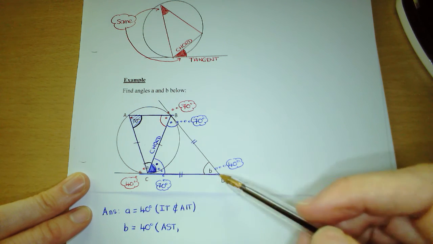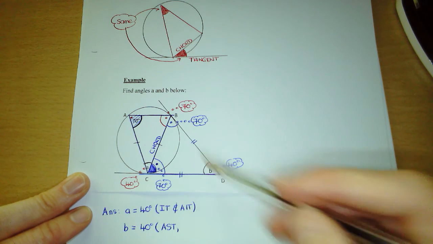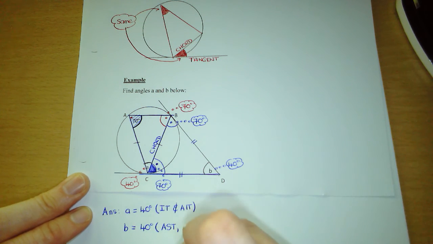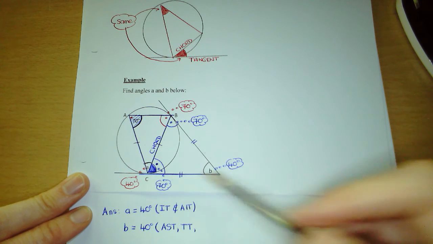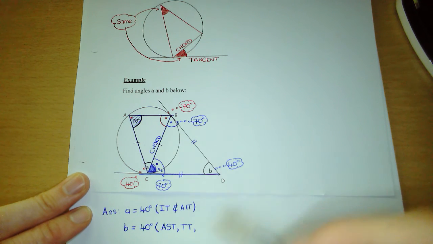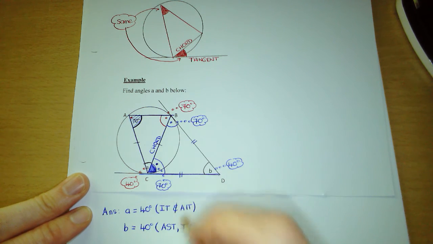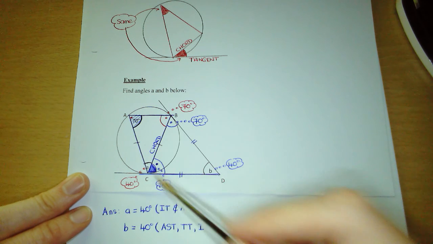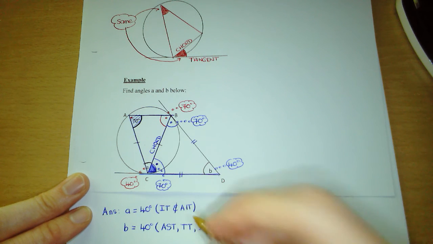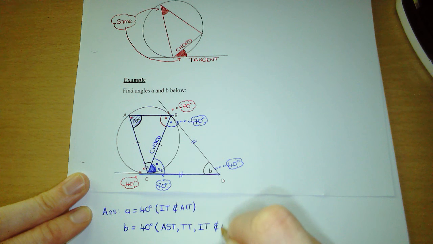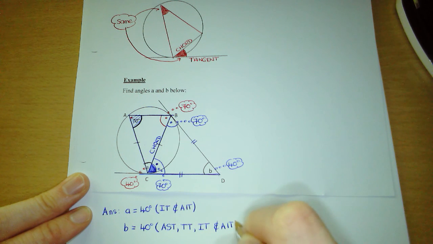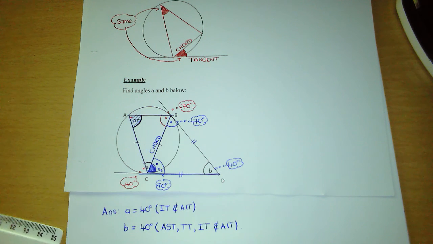We then used the fact that the 2 tangents here were the same, so TT, 2 tangents. We then used the fact that we had an isosceles triangle to work out this angle here at B, so that was IT for isosceles triangle, and then finally we used angles in a triangle to work out D. AIT. And that's our answer. So angle A is 40 and angle B is 40.